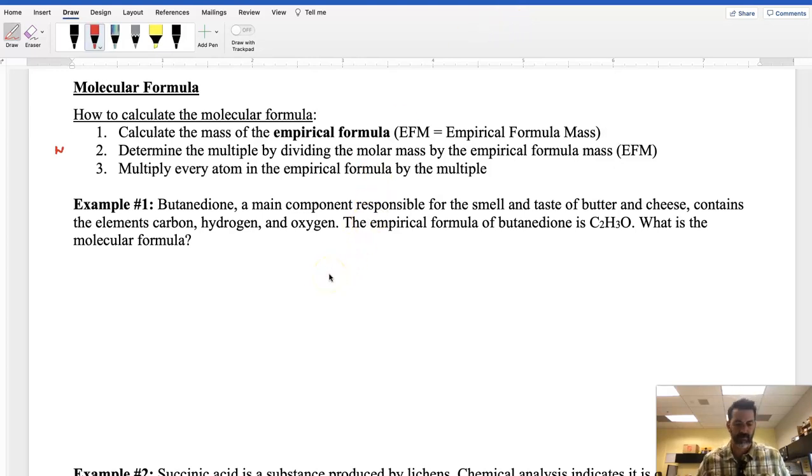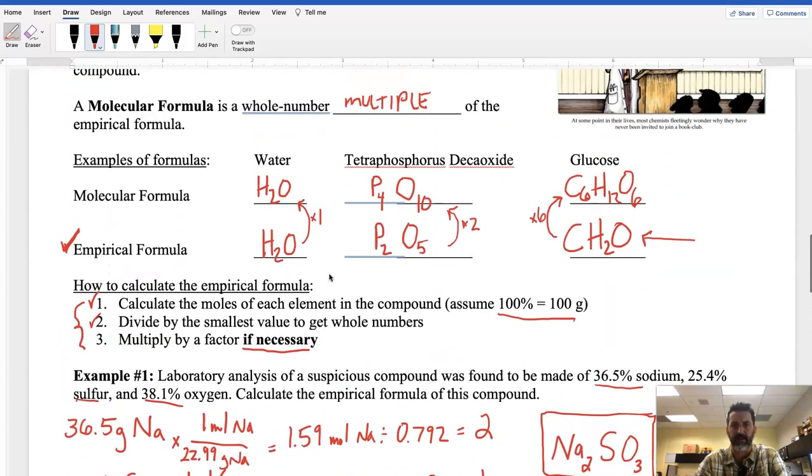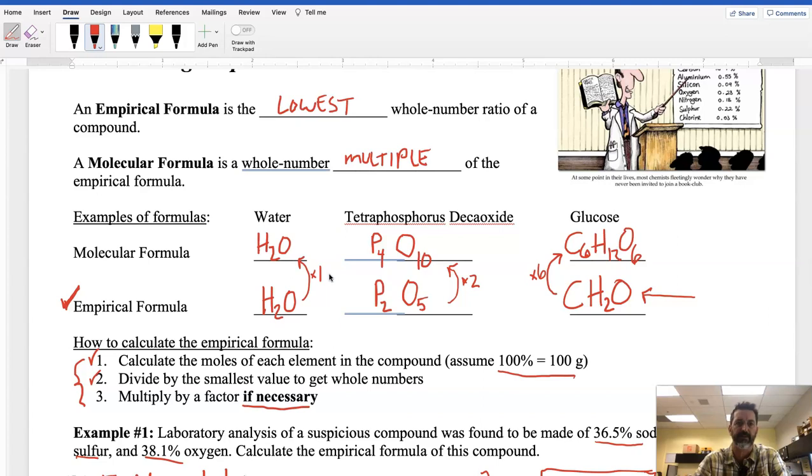Okay, so in our next video, we are going to go over how to calculate the molecular formula for a compound. Now, if you remember, if we go back to the previous page, we talked about the difference between empirical and molecular formula. The empirical formula is the lowest whole number ratio.